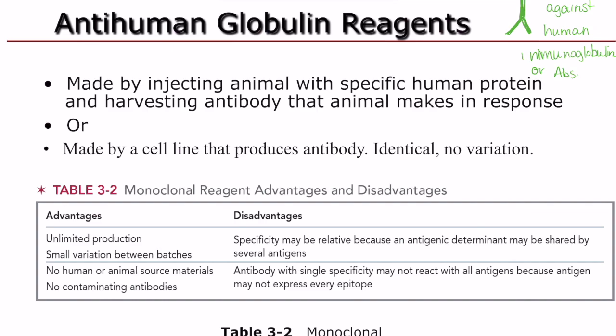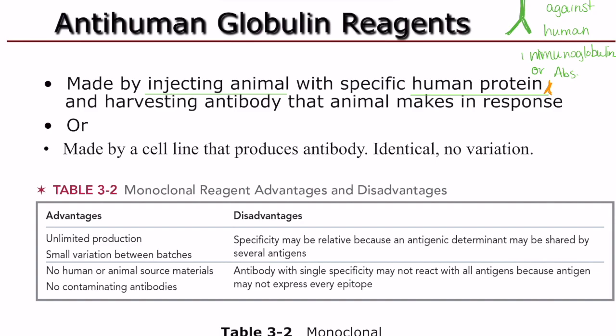Okay, how do we get it? That's what's fascinating about this. So originally it was made by injecting an animal with the specific human protein, which is the human antibody. We're going to make it yellow. This is our human antibody. And then that animal, because it was a foreign protein in their system, made an antibody to it. And then they harvested that and utilized it.